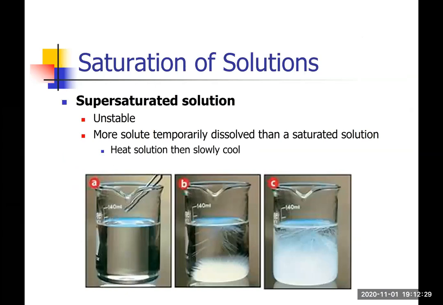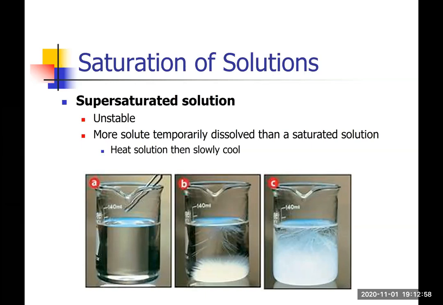Here are 3 panels, A, B, and C, in a figure showing you what happens with a supersaturated solution when that stability is pushed in one direction or the other. In panel A, you can see a solution where we have more solute than would be dissolved in a saturated solution, so it becomes supersaturated.